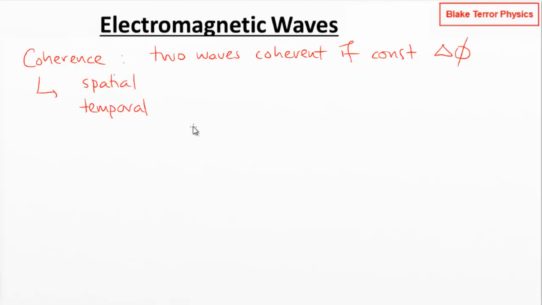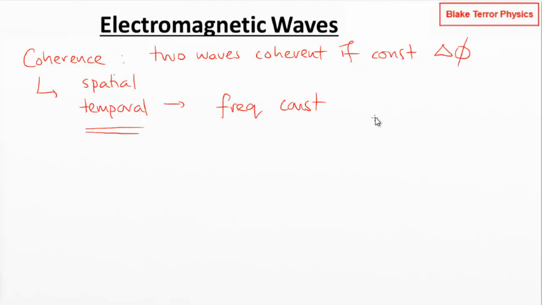So temporal coherence is really related to bandwidth, as in what's the range of frequency that you've got. If you've got temporal coherence, then you're really saying that everything is the same frequency. So the frequency is constant, because otherwise we're thinking about something changing through time here.